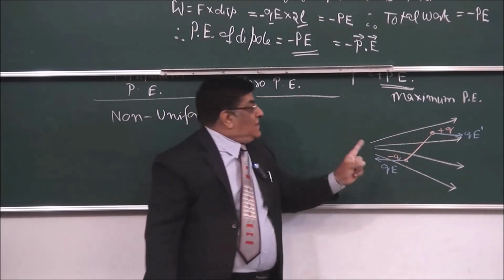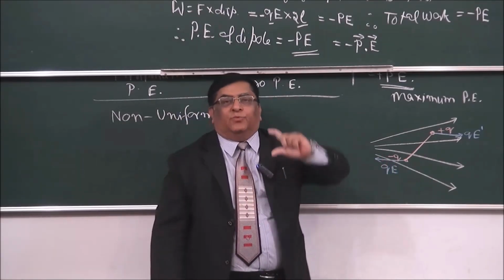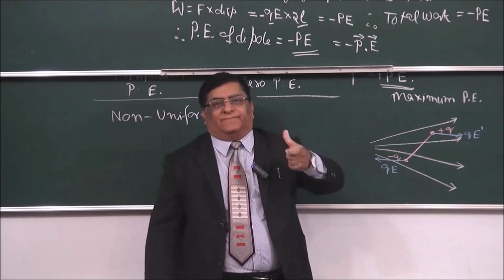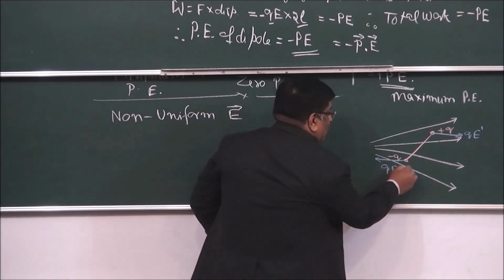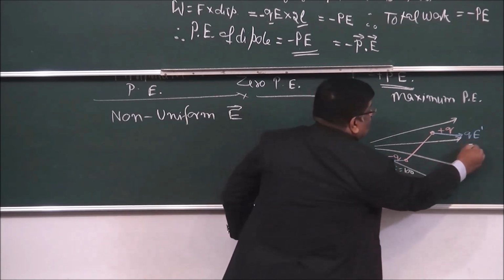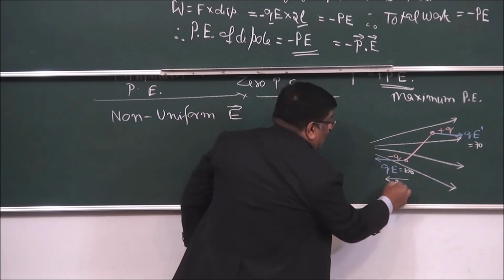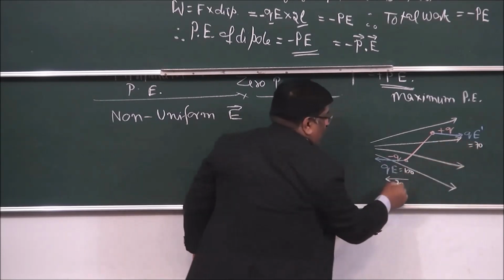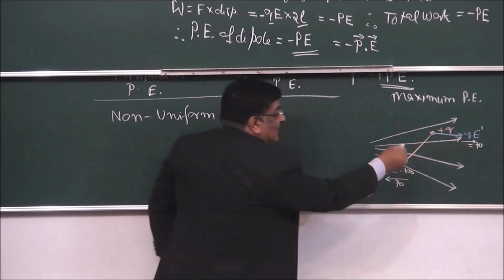If this force is 100, this force is 70, then there will be two actions. Number one, out of this 100, 70 will be used to create a torque. I will write it. Suppose it is 100 and this is suppose 70. Then out of this 100, 70 will be used to create the torque. 70 in this direction, 70 in this direction will create a torque.